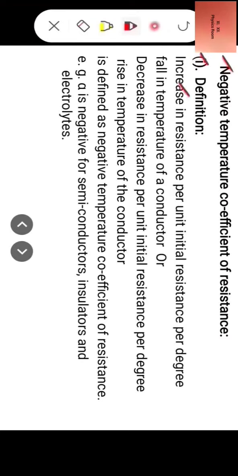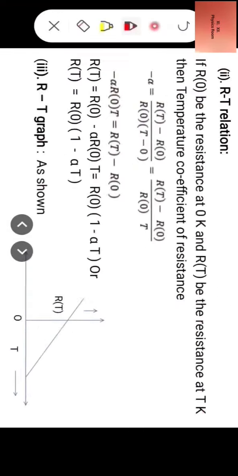Increase in resistance per unit initial resistance per degree fall in temperature of a conductor is defined as negative temperature coefficient of resistance, or decrease in resistance per unit initial resistance per degree rise in temperature of a conductor is also defined as negative temperature coefficient of resistance. For example, alpha is negative for semiconductors, insulators, and electrolytes.